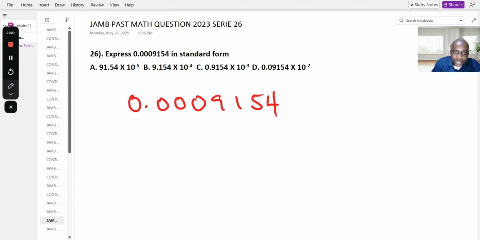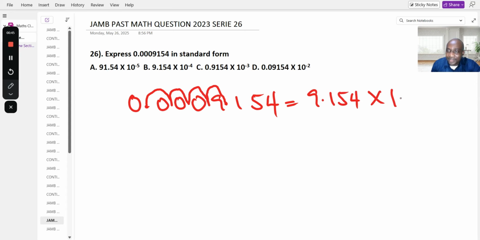Let's move the point and count the number of times we move. 1, 2, 3, 4. Therefore, the point stops at where? Behind the 9. Wherever you see significant figures, that's where it will stop. So now it gives us 9.154 multiplied by 10.